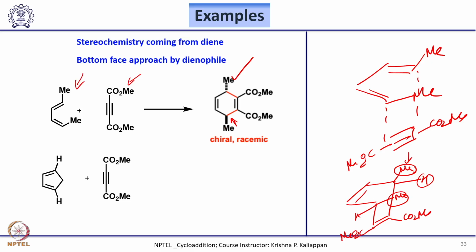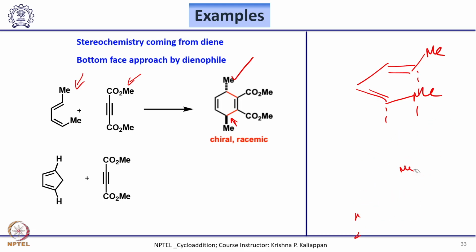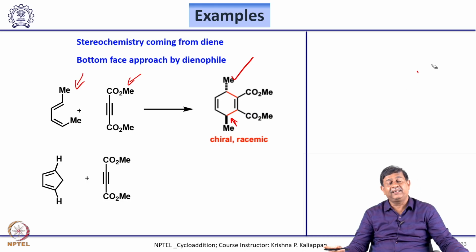Now you look at the same thing, you replace it with cyclopentadiene. Okay. So cyclopentadiene and do a Diels-Alder reaction with dimethyl acetylene dicarboxylate. So what will happen?